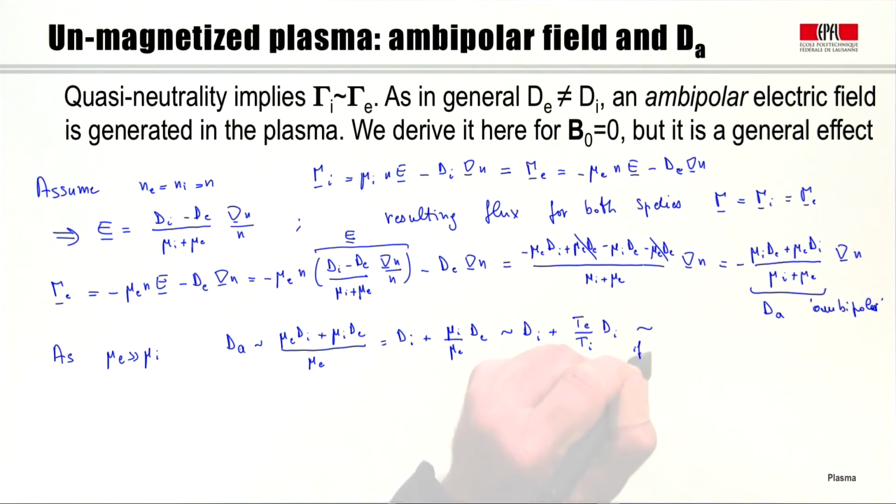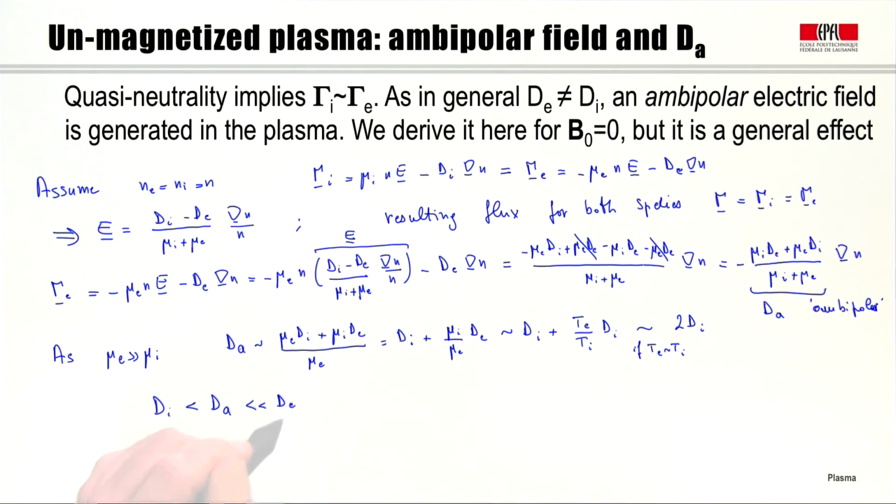And if the temperatures are similar, that is simply 2 times the ion diffusion coefficient. That is to say that in general, we can say that Di is the smallest of all diffusion coefficients. The ambipolar diffusion coefficient will be larger than that, but it will still be significantly lower than the electron diffusion coefficient.